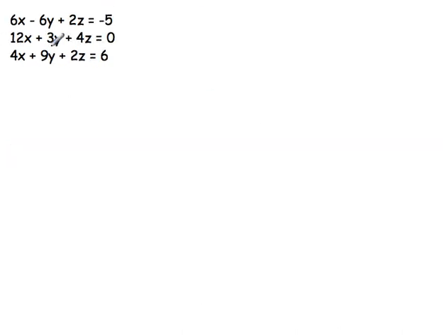One more. I want to get rid of, it doesn't matter which variable I choose, okay? I can choose any of them. Now you see, we got 2z and 2z. I could just make one of those negative and get rid of the z's again. Just to mix things up though, let's work with the x's, okay? Since this one's already 12, I'm going to take the first one and multiply it by negative 2.